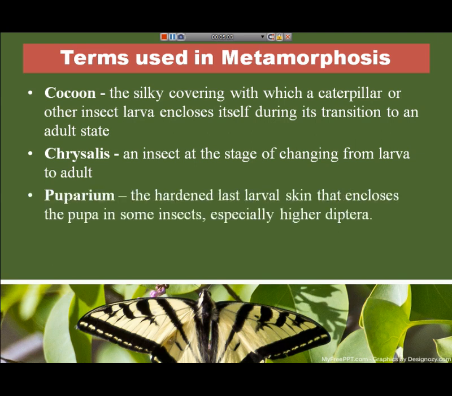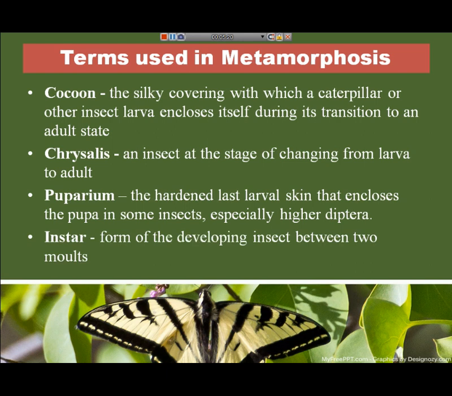Next is the term puparium. This is the hardened last larval skin that encloses the pupa in some insects, especially Hymenoptera or flying insects. Lastly, we have the term instar. This is the form of the developing insect between two molts.